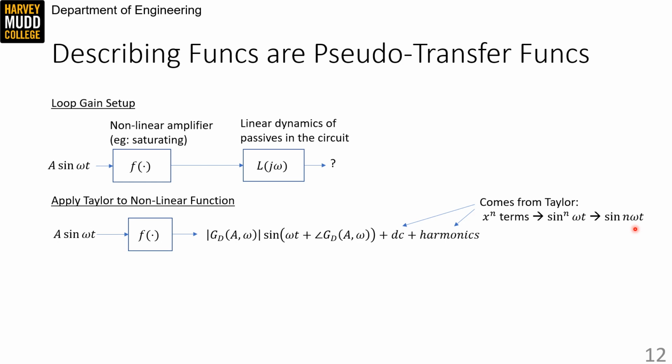By the way, the frequency omega is called the fundamental frequency because all of the harmonics occur at multiples of that fundamental. Some of the polynomial expansion of these sine to the n will result in terms that have a frequency of omega t, so those add on top of GD and give us this dependence on input amplitude, and some of them will come with no frequency, and that's where we get the DC offset.